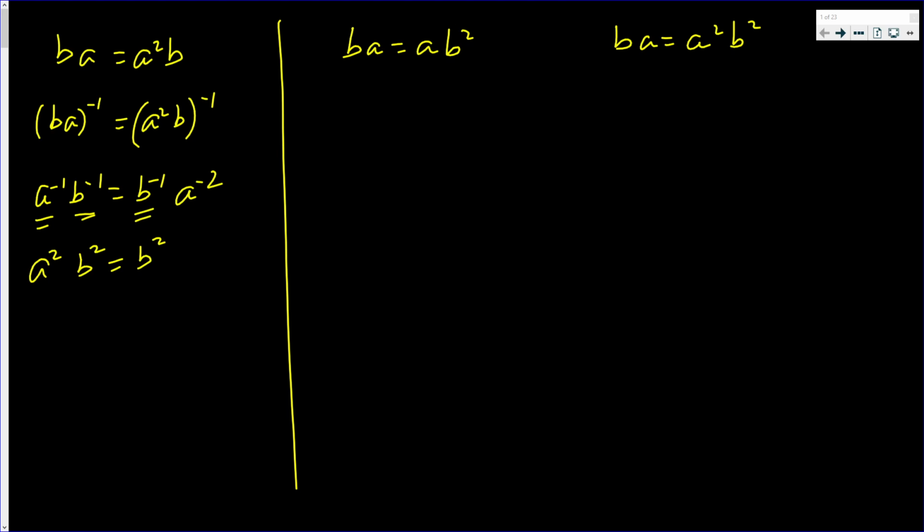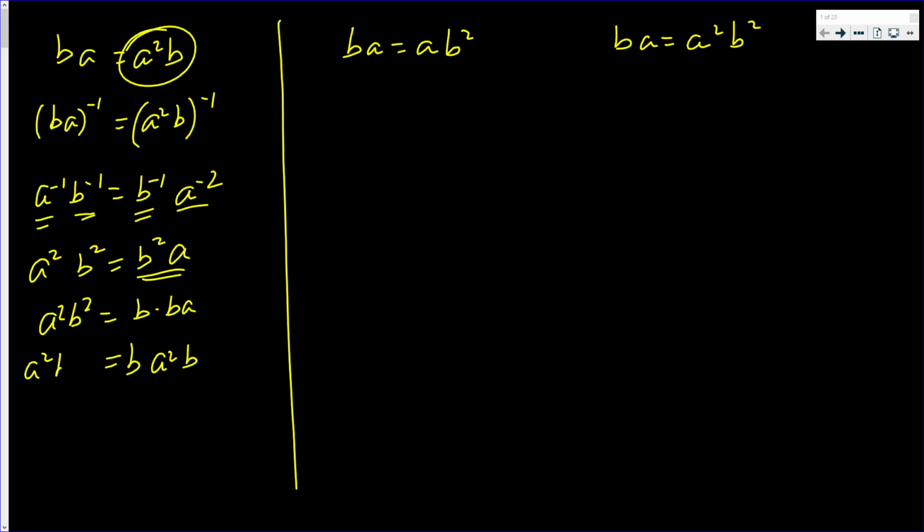B inverse is still B squared, and A inverse squared is A. Keep the left side the same, but this here is B times BA, where BA is A squared B. So we have B times A squared B. This is equal to A squared B squared.